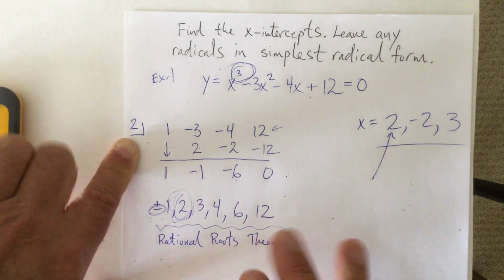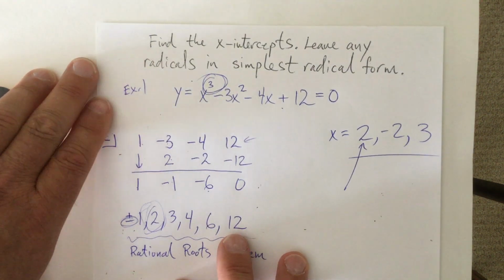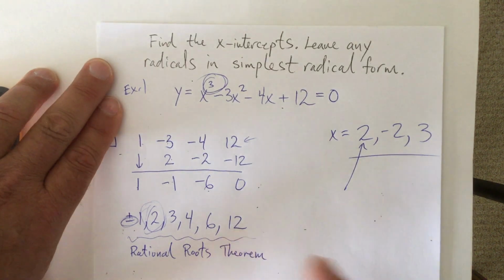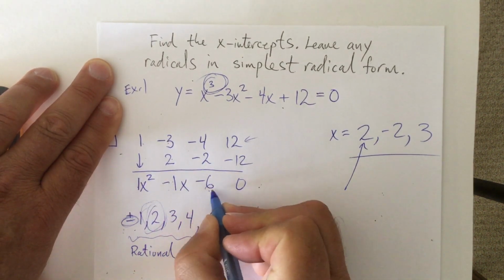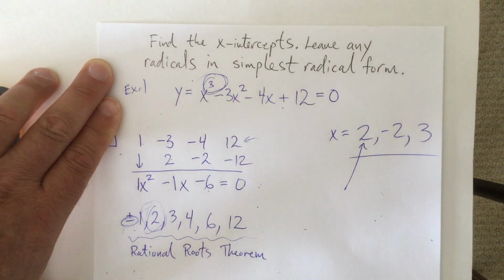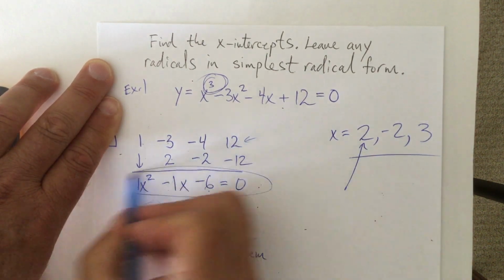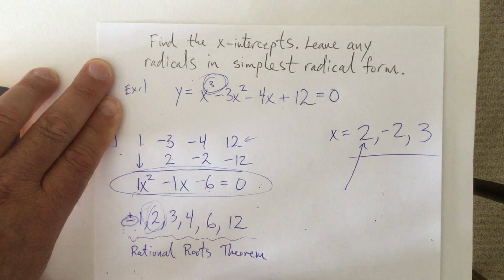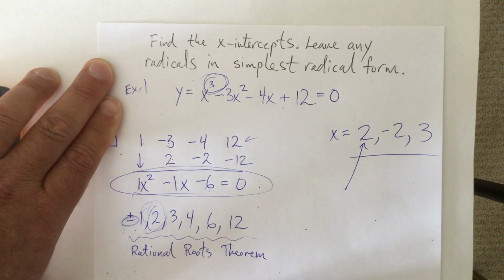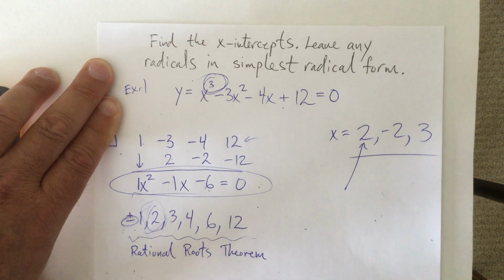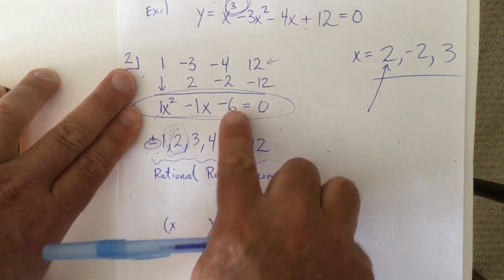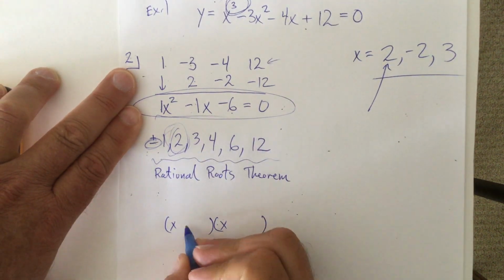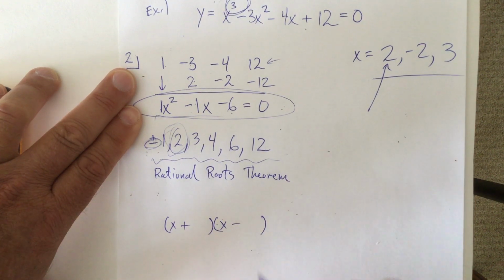However, I'm not done. I still have to find the other 2 answers. Well, x squared minus x minus 6 equals 0. If I took this now and I factored it, I would have x times x. Whoops, you can't see what I'm doing there. I would have x times x. The last sign's a -6. So to get minus, it has to be opposite signs.